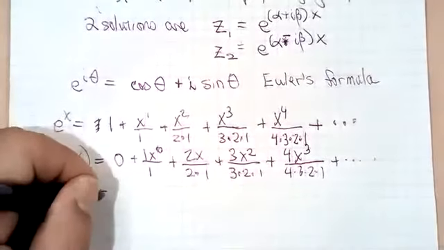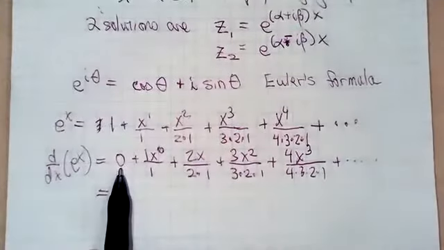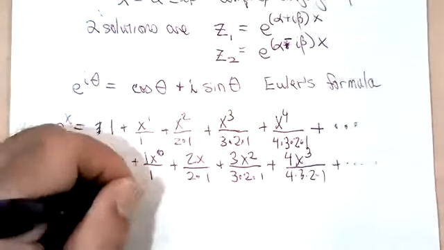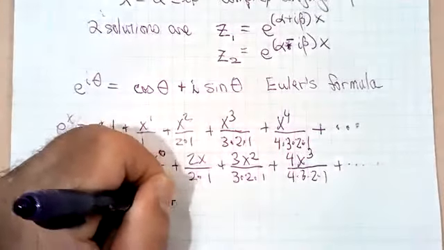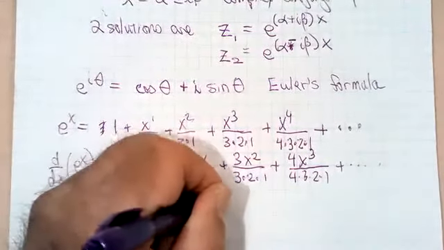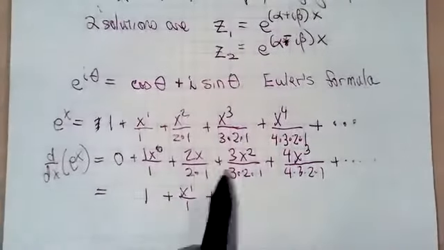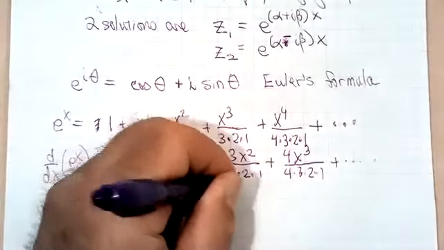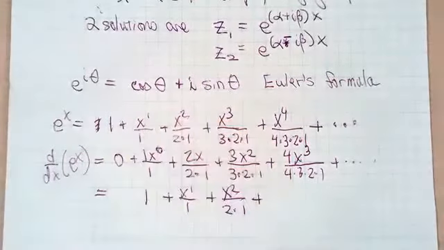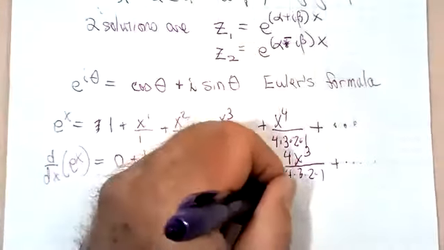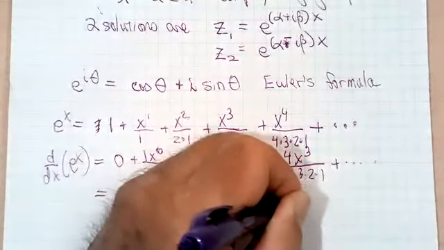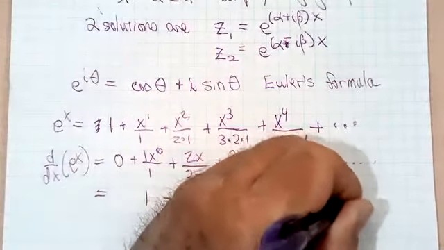If you do a little simplification, well, this one just goes away. 1 over 1, x to the 0, that's 1, so you get 1. Here, the 2's cancel out, and you've got x to the 1 over 1. Here, the 3's cancel out, and you got x squared over 2 times 1. Here, the 4's cancel out, and you got x cubed over 3 times 2 times 1. And this goes on just like this forever.